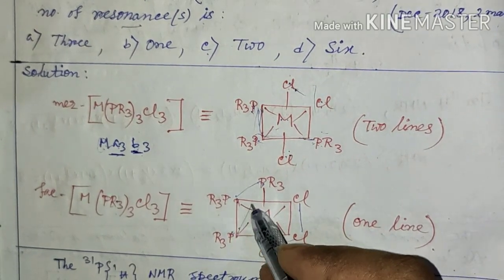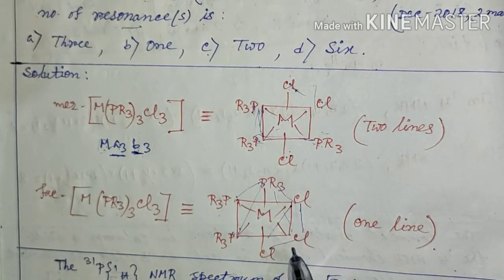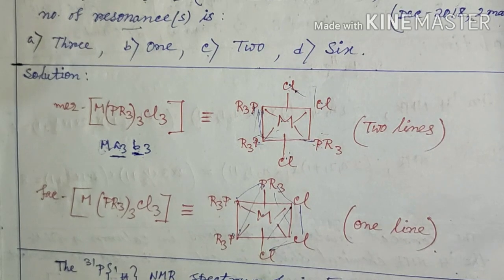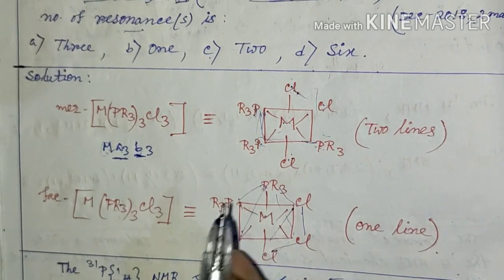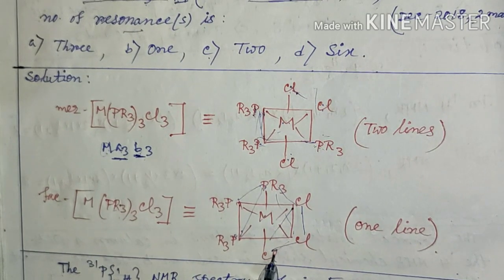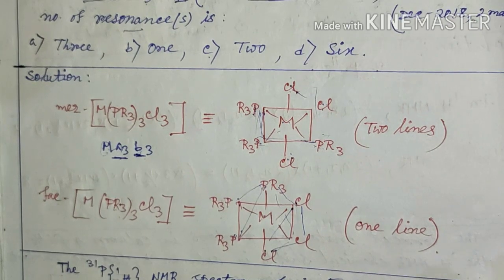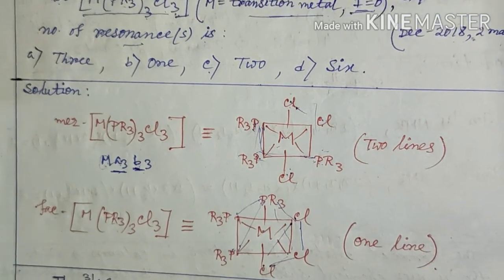If you join all the ligands, then you can see that this plane will be parallel to this 3-ligand containing plane. If you imagine it in a 3-dimensional way, then you can see the correct image.